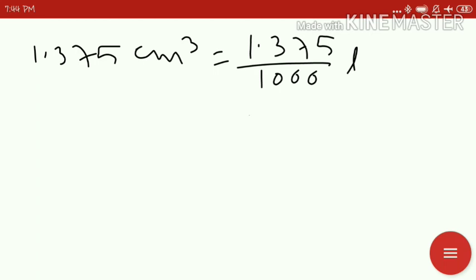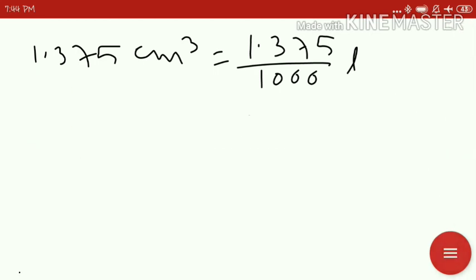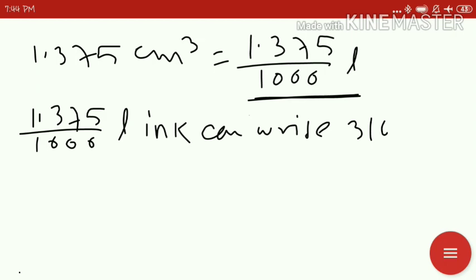So there's the liter. Now we know that this amount of ink, 1.375 by 1000 liter, can write 310 words. So 1 liter of ink can write 310 divided by that.